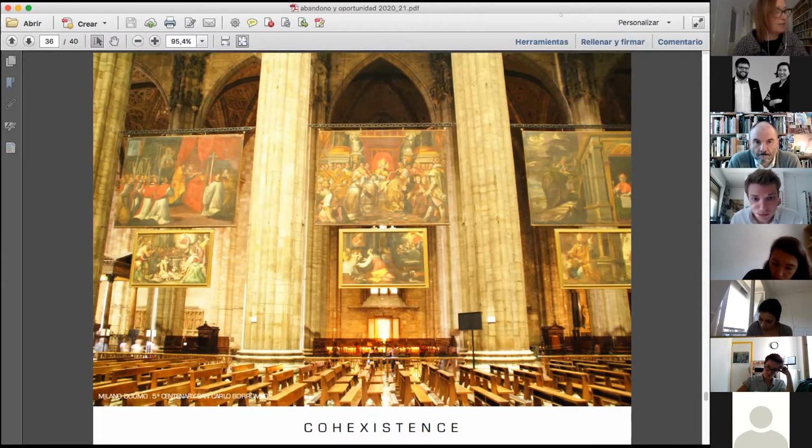In 2010, on the celebration of the 5th centenary of the city's patron, Saint Carlo Borromeo, they decided to install the exhibition that illustrated the saint's life episodes inside the Duomo.